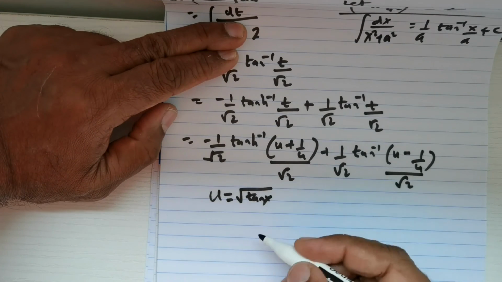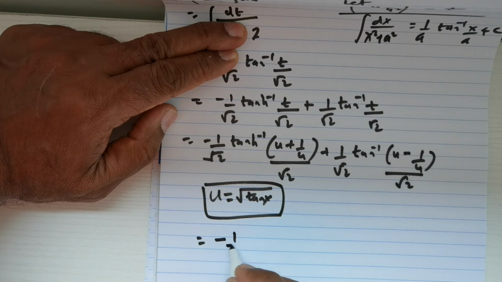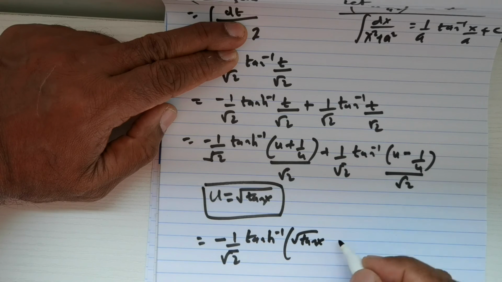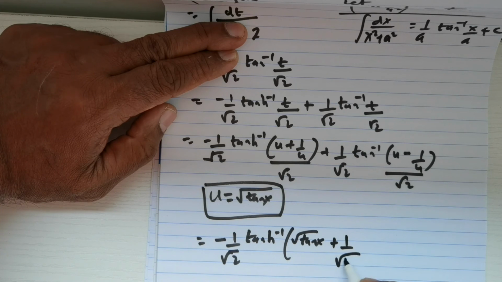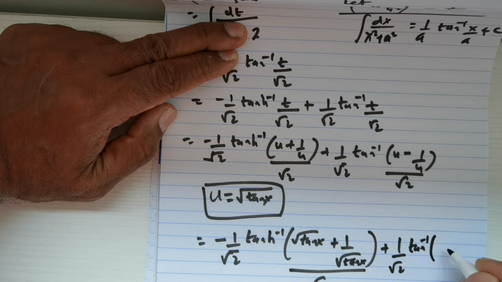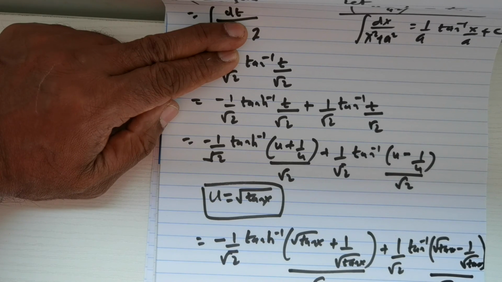So substituting the value for u, we would now have −1/√2 hyperbolic tan inverse of (√tan x + 1/√tan x) divided by √2, + 1/√2 tan inverse of (√tan x − 1/√tan x) divided by √2.